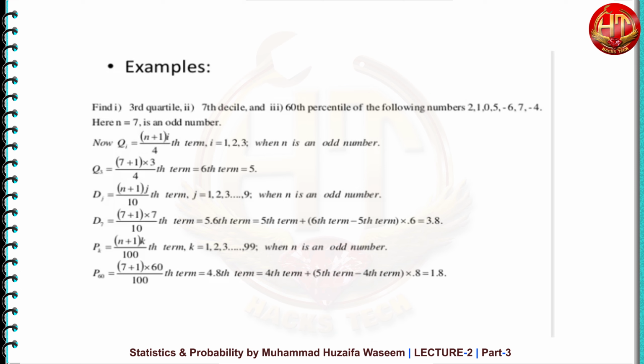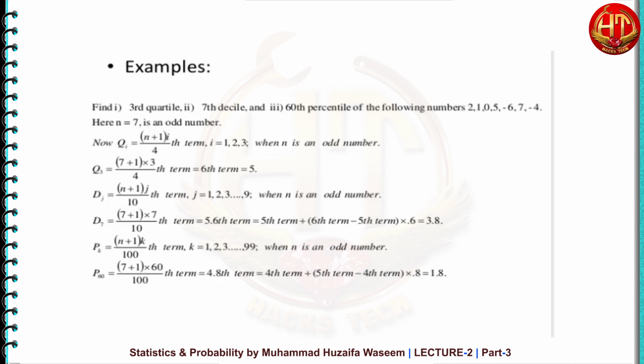Same as for decile. What is your decile formula? Divide the data into 10 equal parts. So you can see that in this formula, there is division by 10: i(n + 1) divided by 10, the ith term. For the first decile, put i is equal to 1. For the 7th decile, put i is equal to 7. Total observations are 7.